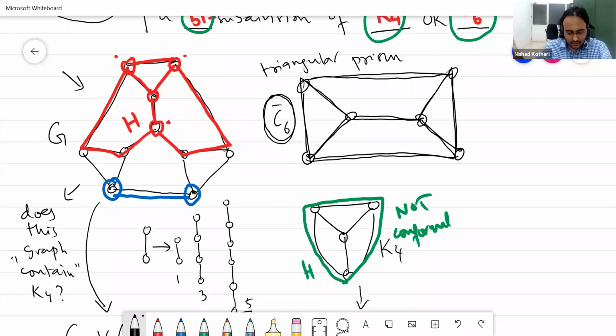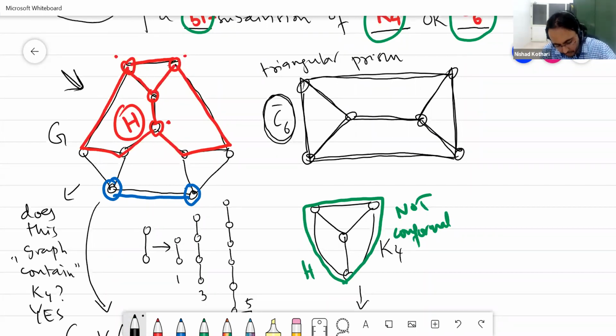Yes, the green one. Do you mean the red one? Yes, right, the red one. The red subgraph here, as we discussed, the H, the red colored subgraph, is a bisubdivision of K4, and that is a conformal subgraph of the big graph. And so in this sense, this graph contains K4.